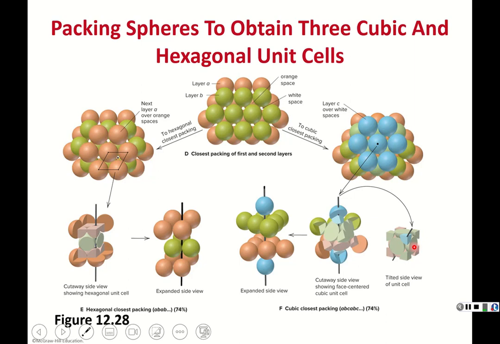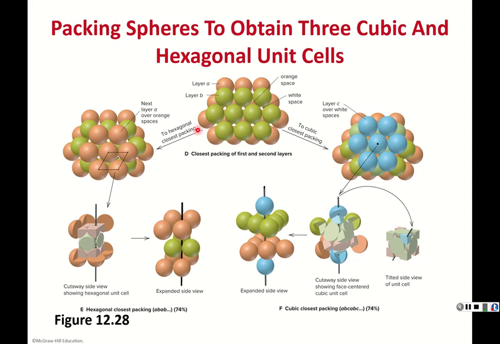And going into what we considered closest packing, how would you do this? Well, you have 3 distinct layers. Try to focus mostly on the cubic packing in this class.